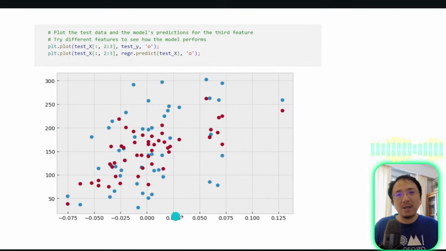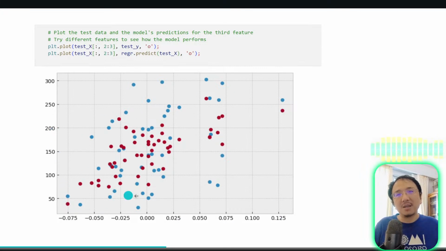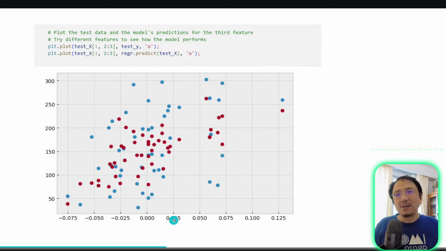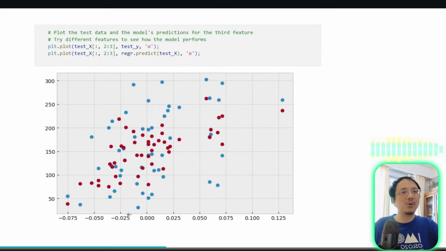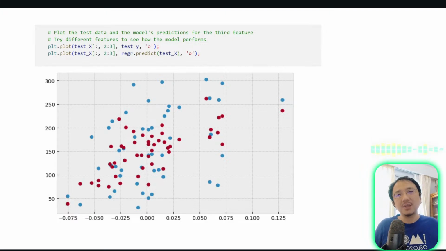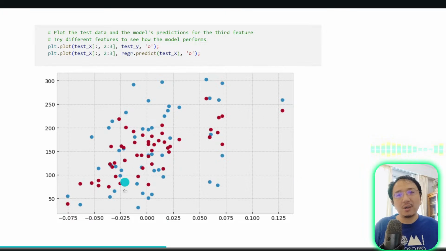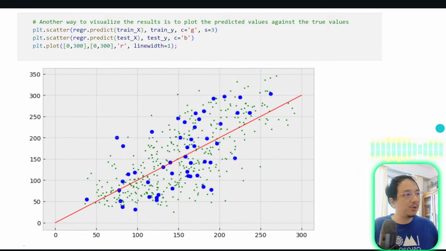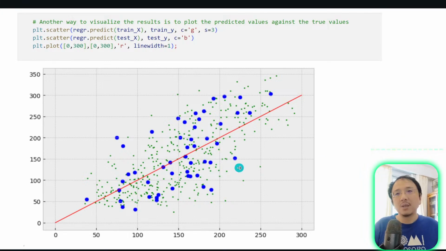We are trying to see the same graph, but we just limit it to one feature at a time. This is sort of like a dimensional reduction, we only pick one of the dimensions at a time. So this is still useful sometimes, but we also have other methods to do the visualization.